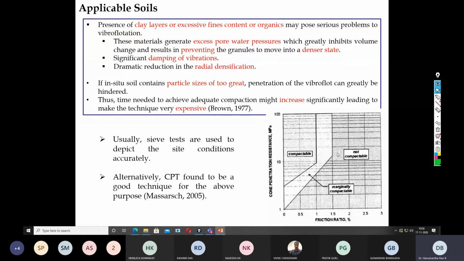So this graph is useful for identification of the soil depth and soil type which is compactable or not compactable.